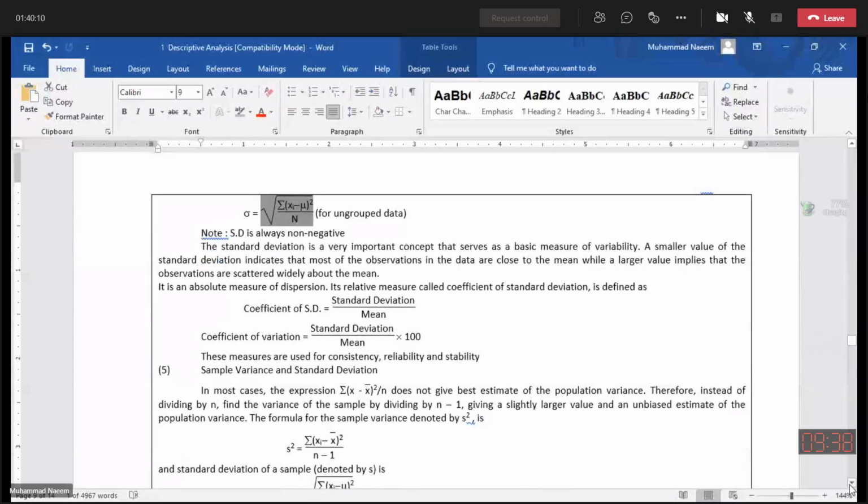Again, this shows the deviations, how the values are falling apart from the mean value. For example, in construction, in manufacturing, let's say we set a criteria.